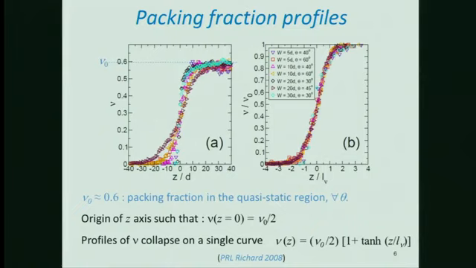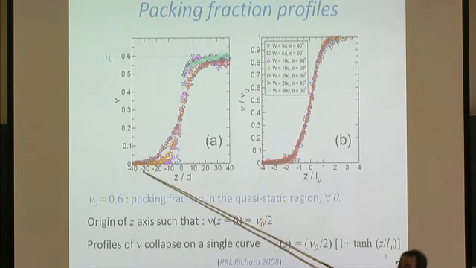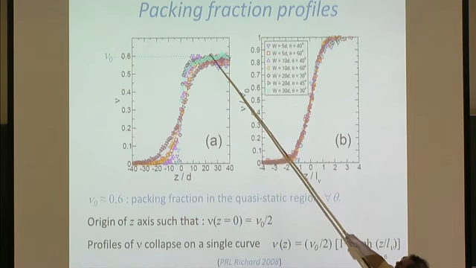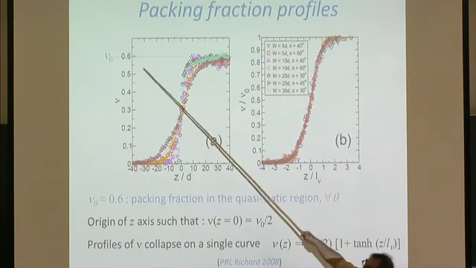Here are typical results for different widths, 5D, 10D, 20D, 30D, and different angles. Here you have the packing fraction profile. This is the part at the surface where the grains are jumping, with a very low packing fraction. And here is the quasi-static part, where you have a high packing fraction, about 0.6.